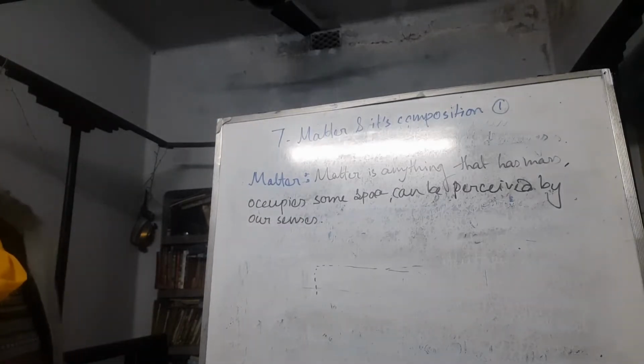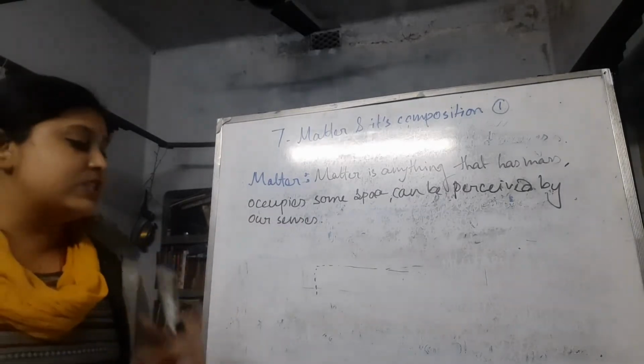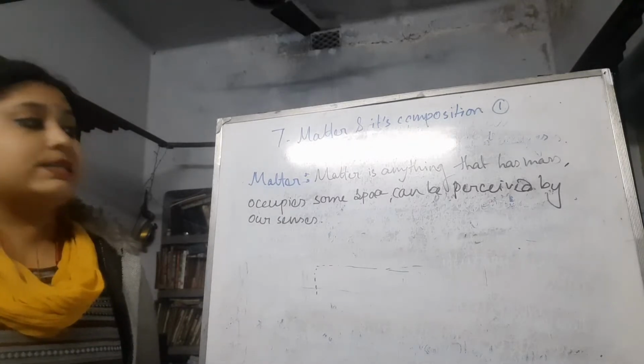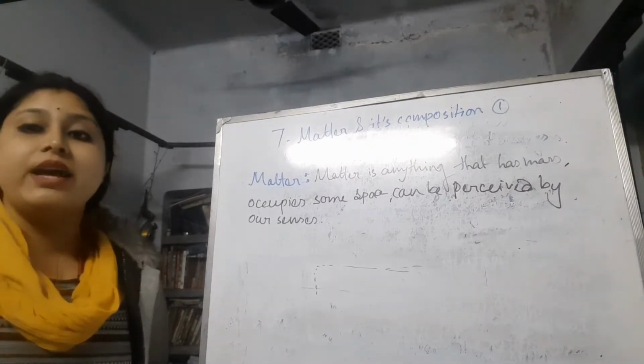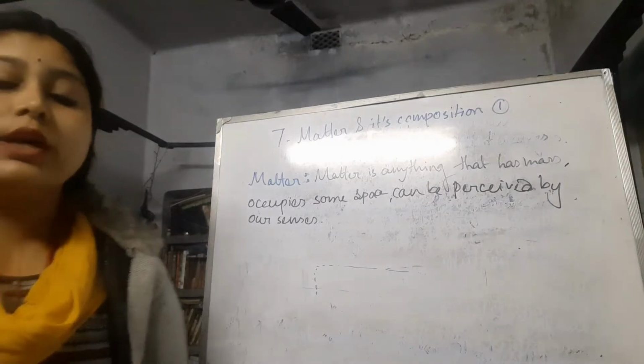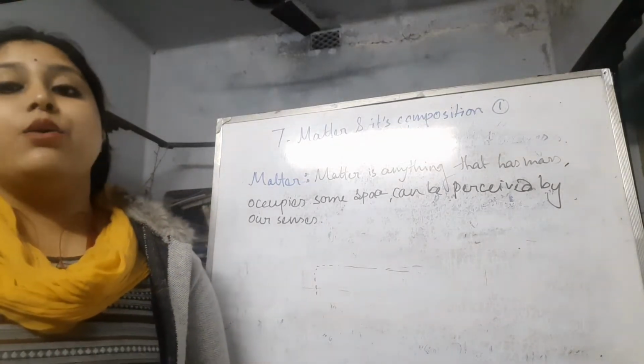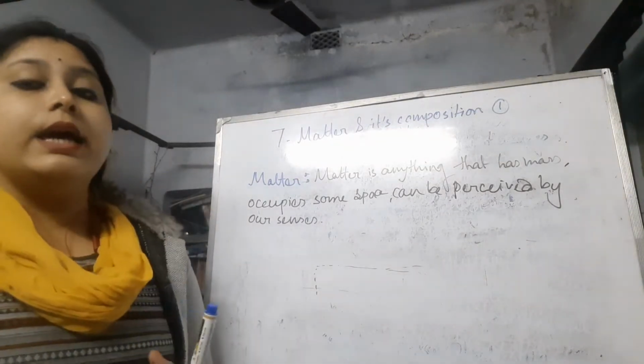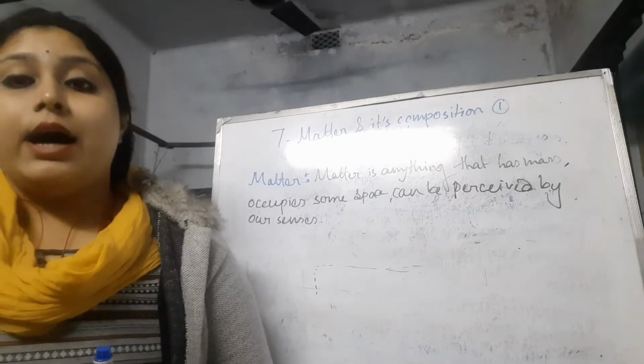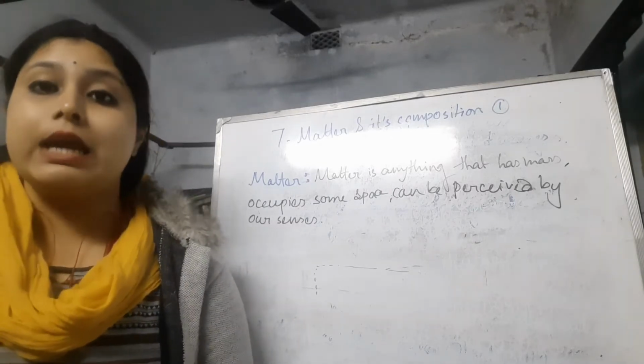These are made of something that has some specific mass, obviously occupies some space, and can be perceived by our sense organs. You know that you have five sense organs. What are they? Nose, tongue, eyes, ears, and skin.